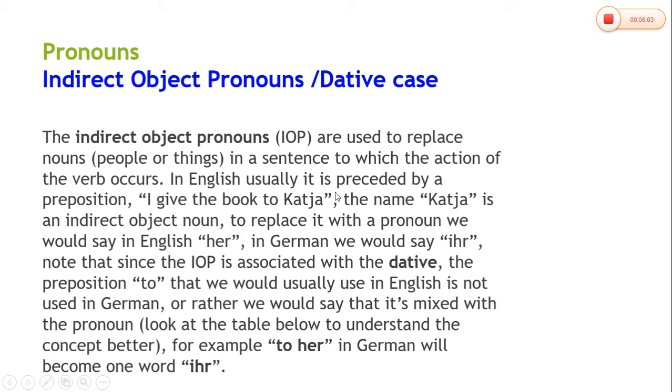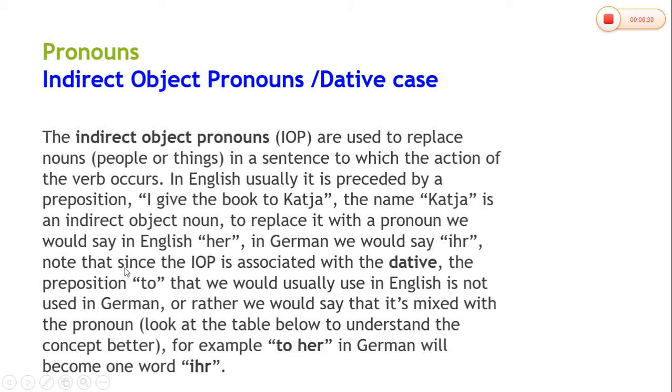In English, usually it is preceded by a preposition. Example: I give the book to Katza. The name Katza is an indirect object. To replace it with a pronoun, we would say in English her. In German, we would say ihr.